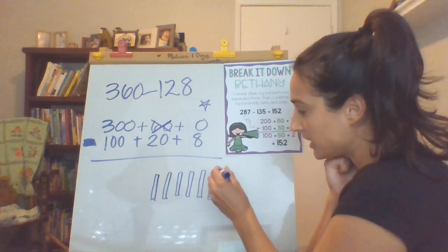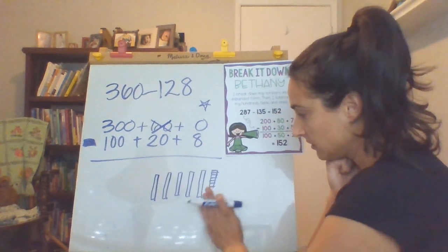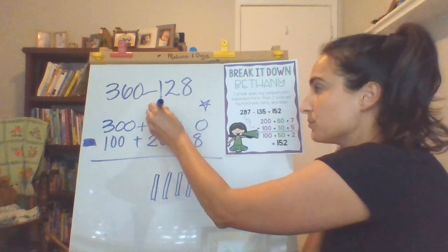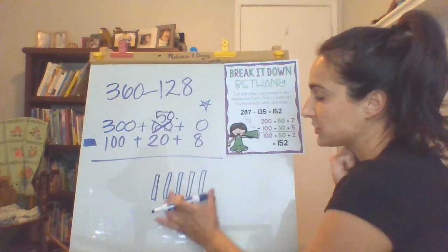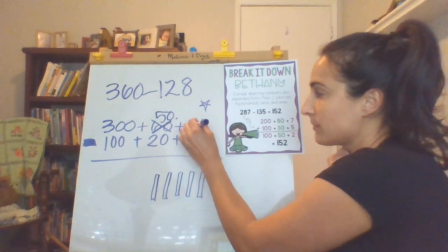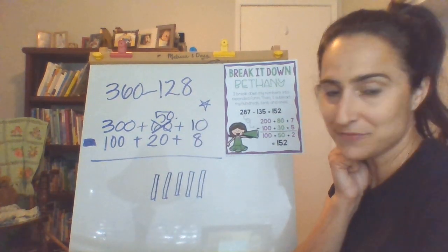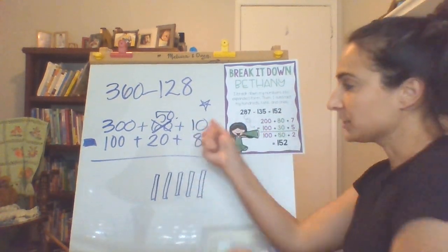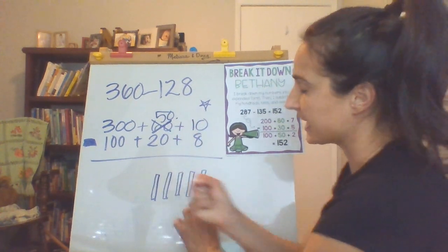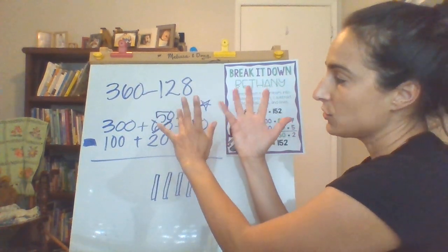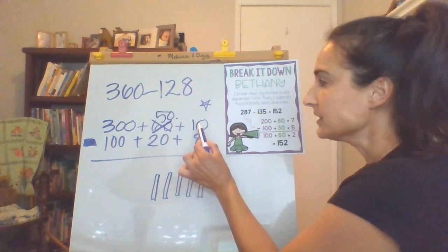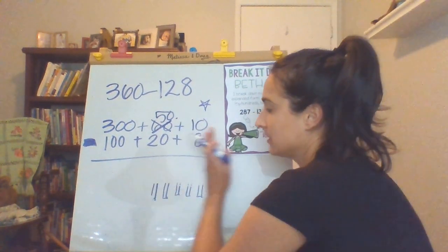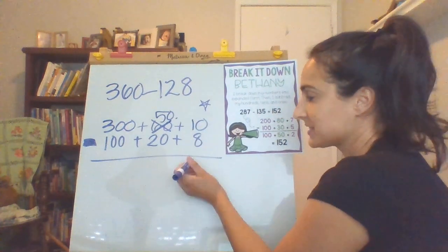So I'm going to take one whole ten away. I'm going to make this 50, so I only have 5 tens. I'm going to give one of those tens to my ones. So instead of having 0 ones, I now have 10 ones to play with over here. So now I'm going to do 10 minus 8.